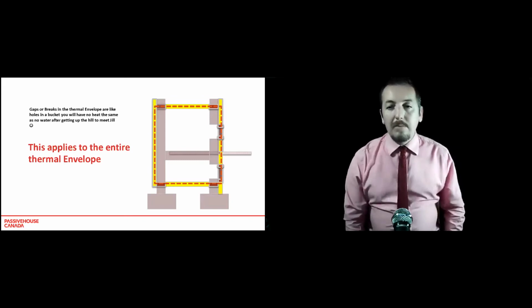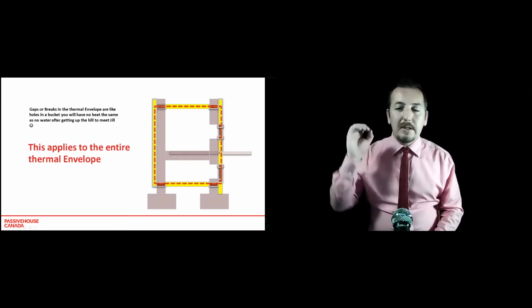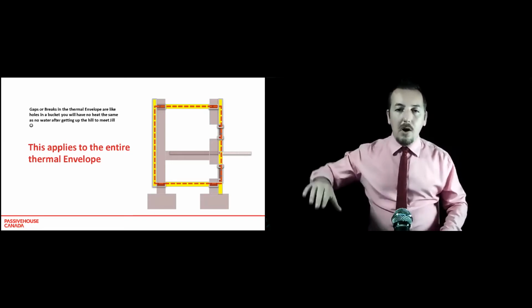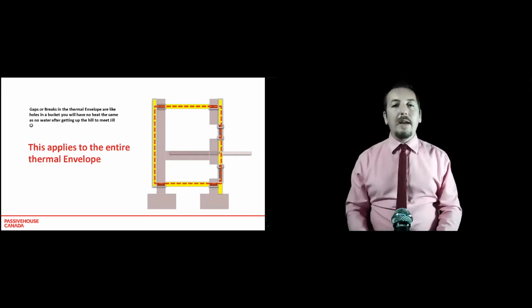Now, the all-important aspect is having a complete line of continuity, both in section and plan, where you use thermal breaks everywhere to have a solid connection all the way around your envelope. If there are any leaks, you will destroy the thermal constant of the building.